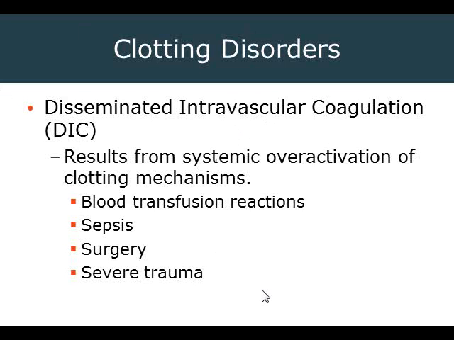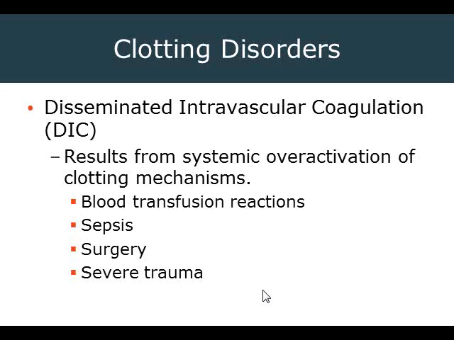Sepsis, where the body has so many hormones and factors flooding the system, it can really put it under fire. Surgery, recent surgery, major surgery, severe trauma, childbirth. I've even seen this occur from childbirth. Somebody developed DIC after having some retained portion of their placenta.